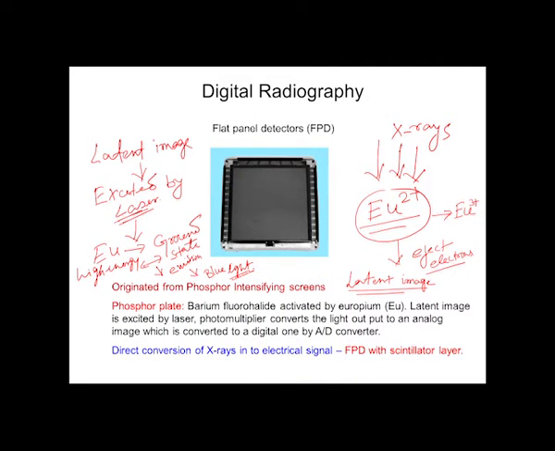Okay. So, now you can use these light photons emitted by the phosphor and convert them into an electrical signal. For example, you can use a photomultiplier, which will convert these light photons into an analog electrical signal, and that analog signal or analog image can be further converted into a digital output using an analog to digital converter.